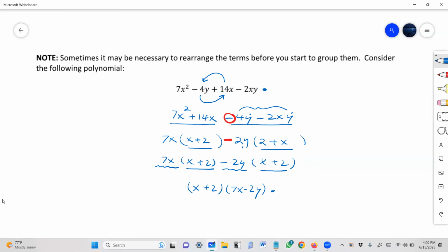It is possibly unlikely that you will see this. The normal case are the ones that we did before, where you are going to group the first and the second terms for the first group, and third and fourth terms for the second group. So these are the steps to factor by grouping.